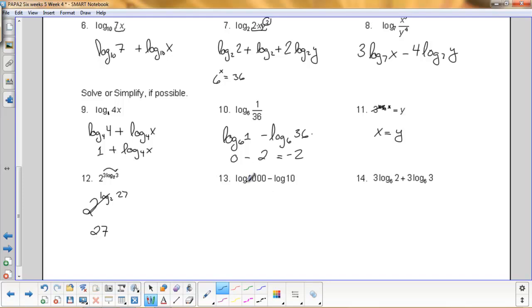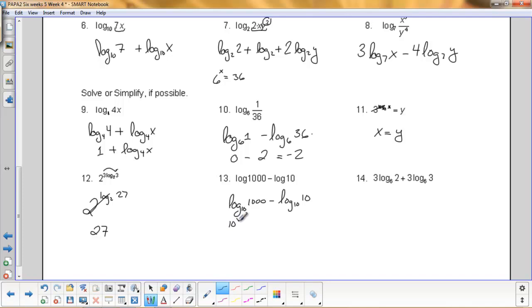Log, if it's not written, is base 10, so I'm going to go ahead and rewrite it. Log base 10 of 1,000 minus log base 10 of 10. Okay? There's 2 ways to deal with this problem. The first way is to simplify each one individually by switching it into exponential form.